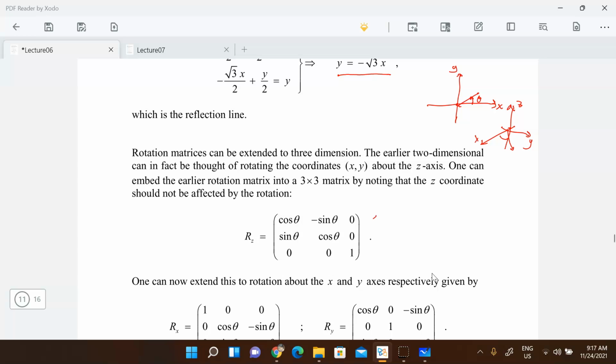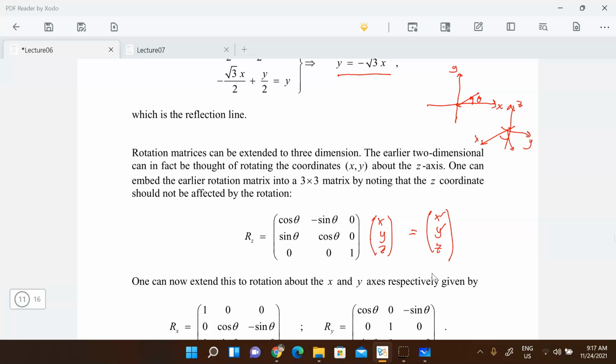So if you just multiply this R with x, y, z, then you will get your transformed x and y, but your z is the same as the previous z.